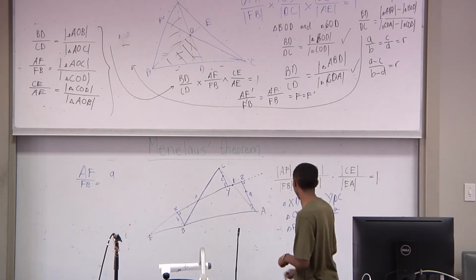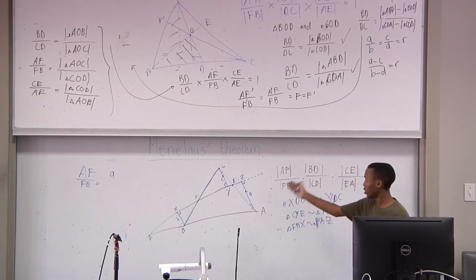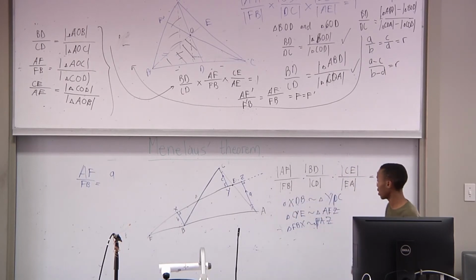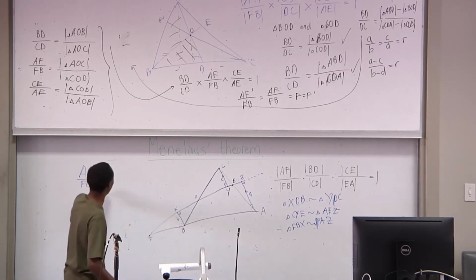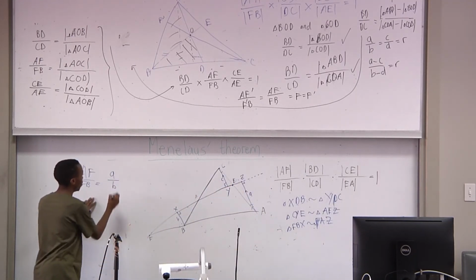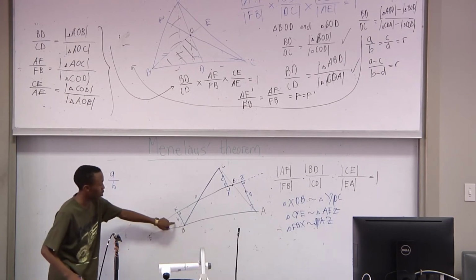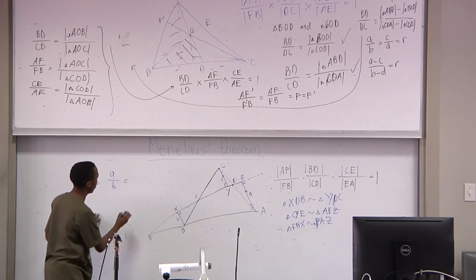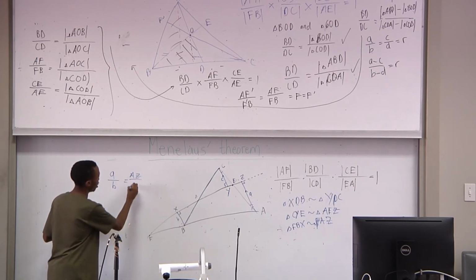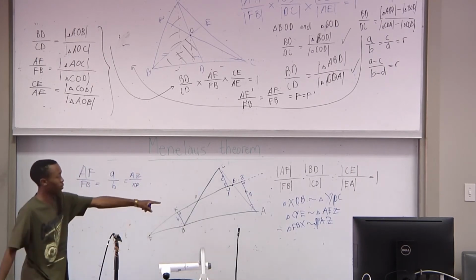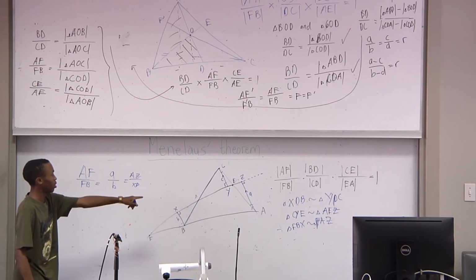And that also is true because those two lines are parallel, and that angle is common. So AF over FB is equal to A over B, because A over B is just that over that, which is equal to AZ divided by XB. And that's true because of that similarity at the end.